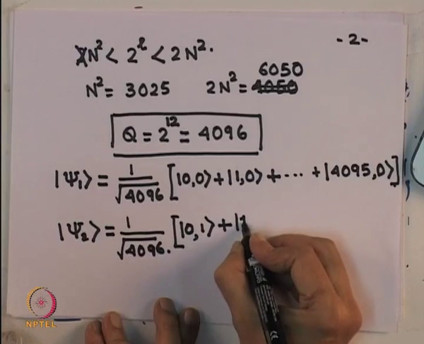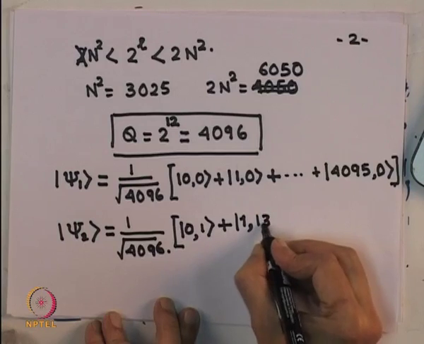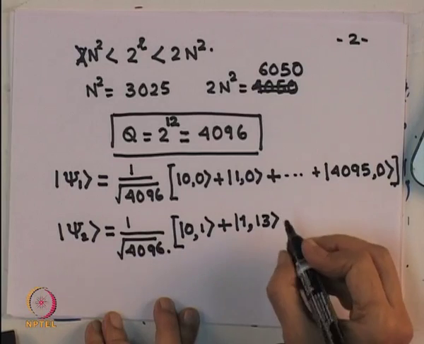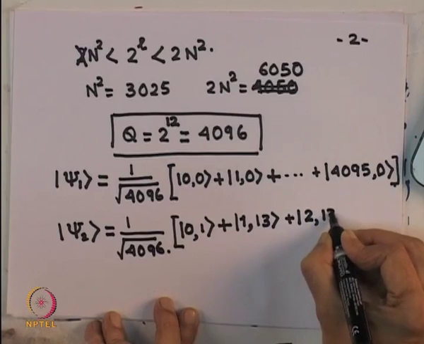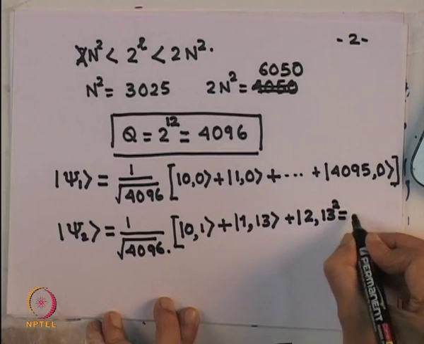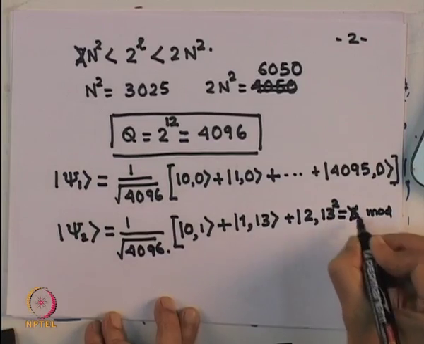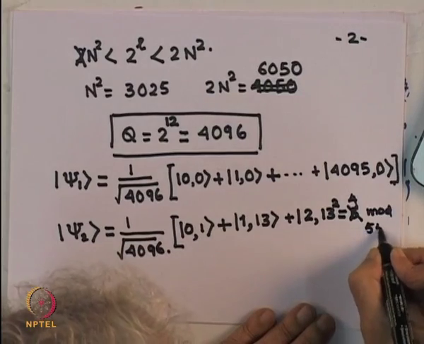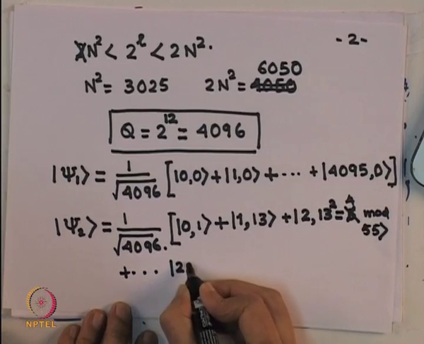Then 1 and 13 to the power 1, so that's nothing but 13. I have actually made that table, so it should not be very difficult to work out. But on the other hand, let's write one or two terms. So 2, 13 square. 13 square, as we have seen, is 169, which is equal to 4 mod 55. And like this I can go till I reach 20.